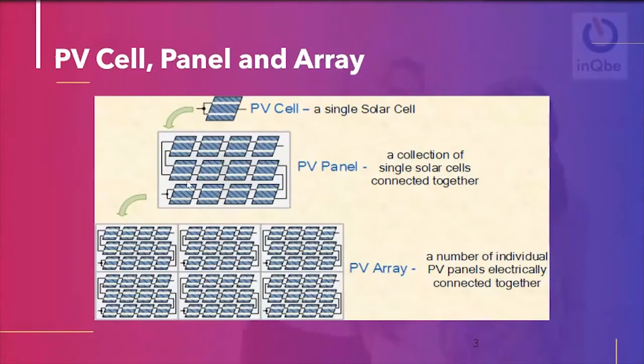A PV array means a number of PV panels. For an application, PV panels may be arranged in series or parallel combination. So a PV array is a series and parallel combination of PV panels, and PV panels are a series and parallel combination of PV cells.